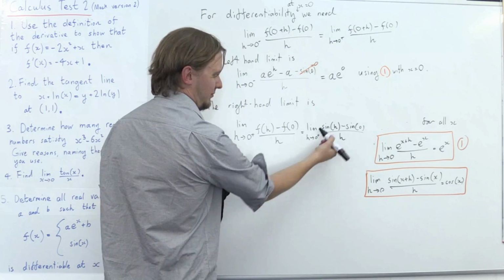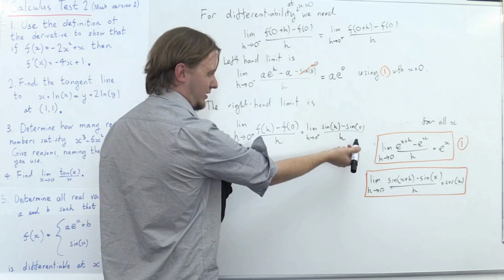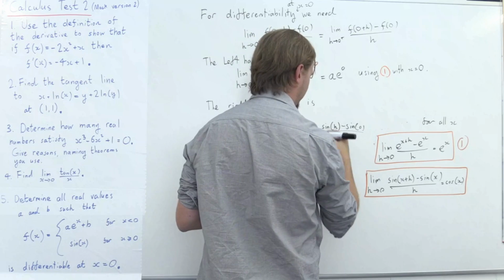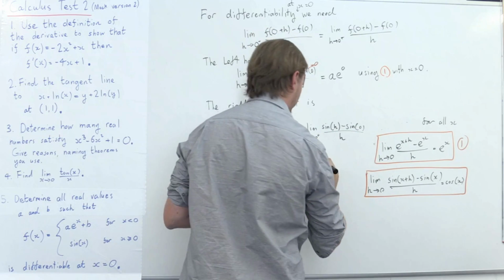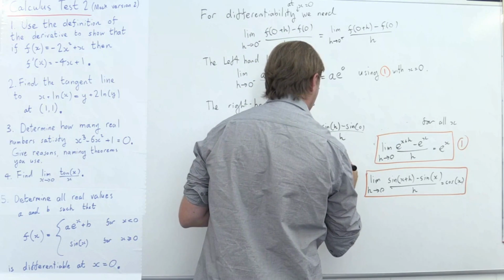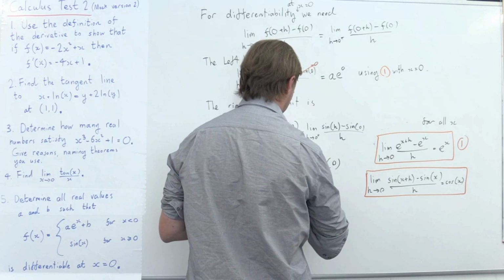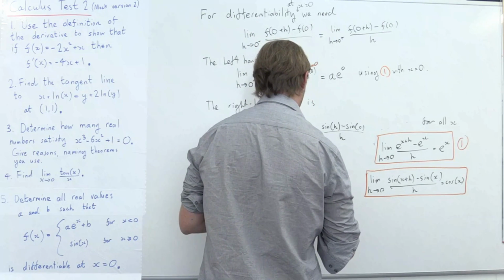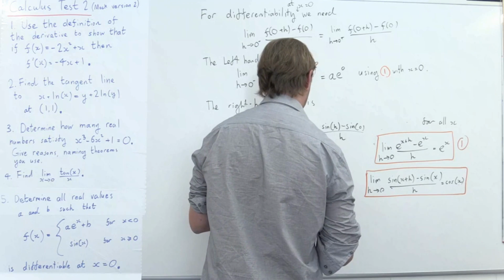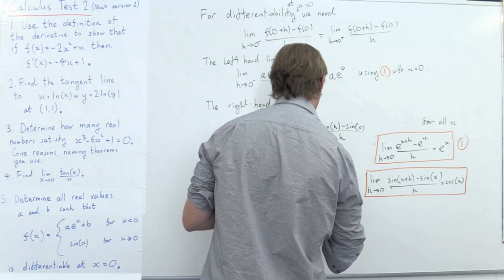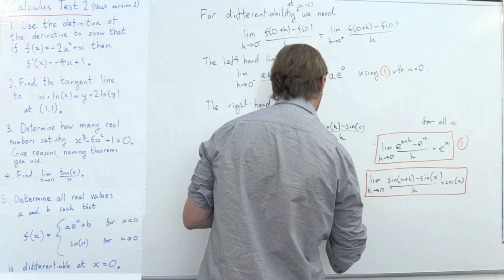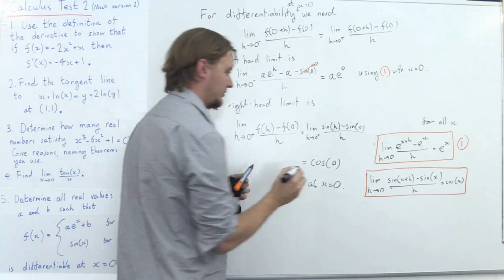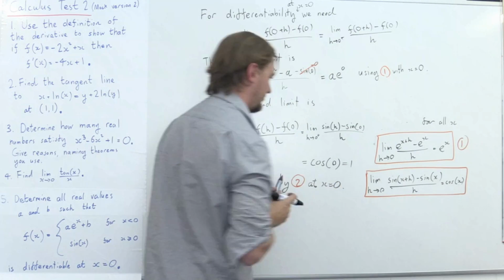And by definition this is the derivative of sine at x equals 0, which I know to be the cosine at x equals 0. Cosine of 0 is an easy number, it's 1.